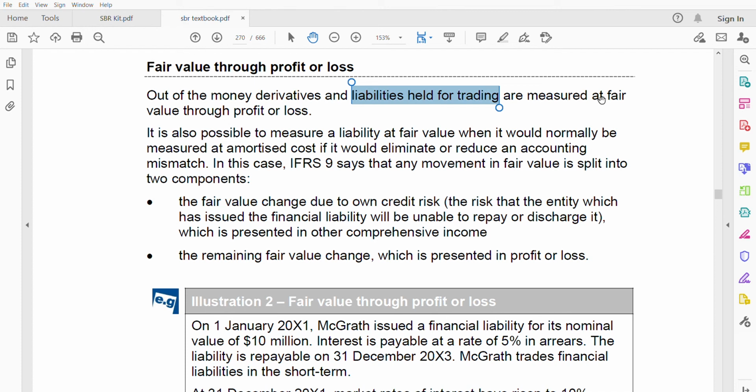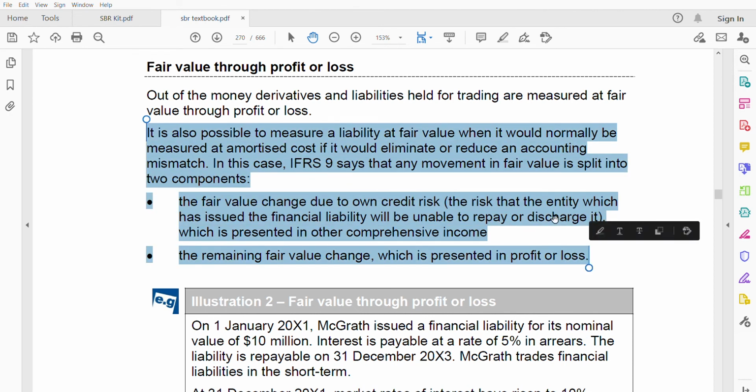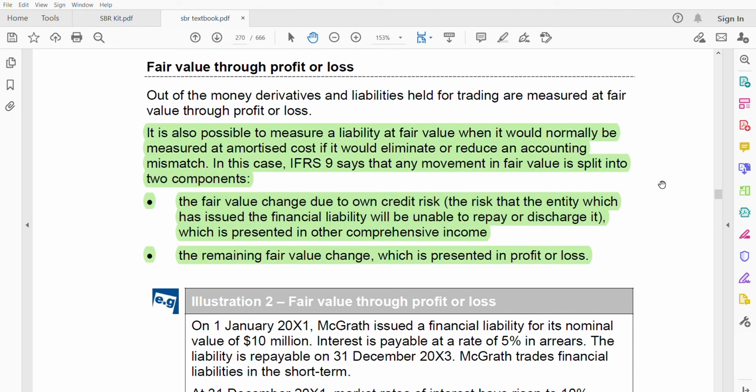But remember, it is also possible to measure a liability at fair value when it would normally be measured at amortized cost. This you need to remember. Everything I'm highlighting might be asked in your exam.